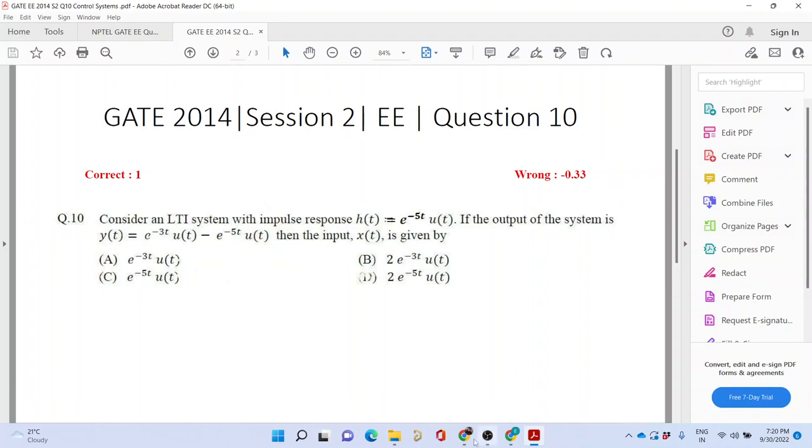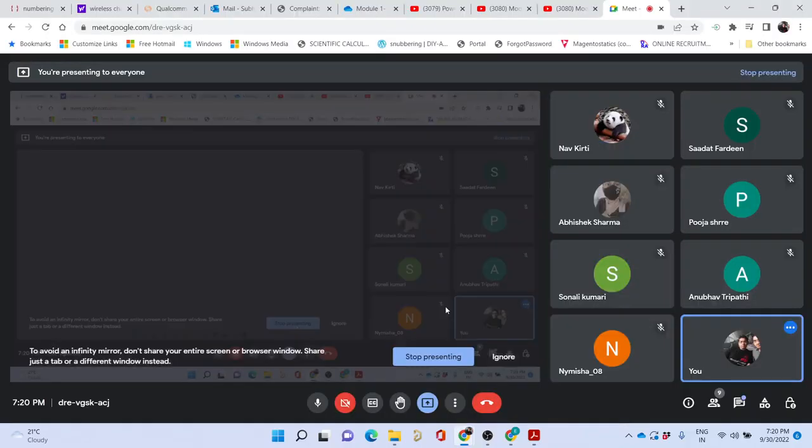Anybody else with the answer? Nafkirti, have you done it? It is a very simple sum. Abhishek, have you solved it? Sonali, have you done it?